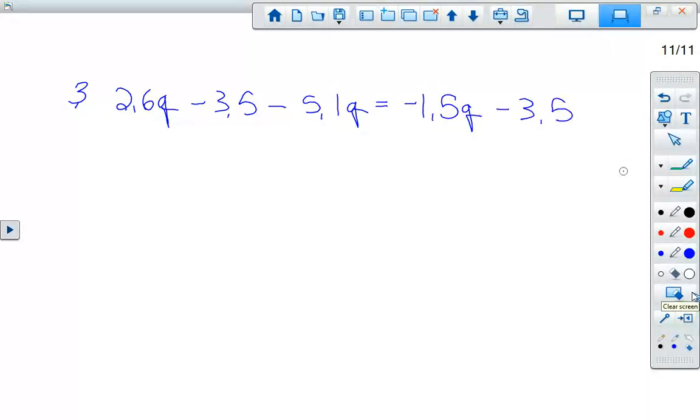Negatives still matter just like they do on everything else, okay? All right. So what you want to do is get your variables collected on each side. Before you move, you want to simplify each side. And you see how over here, these are like terms, they both have Q's on them. So use your calculator to do that.